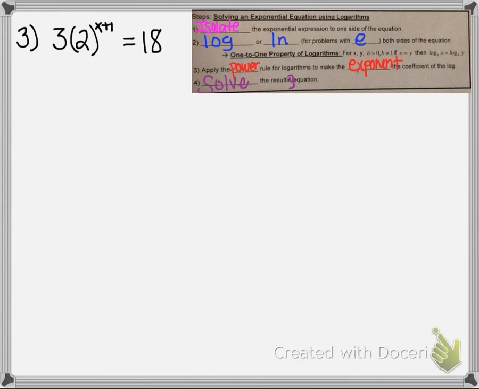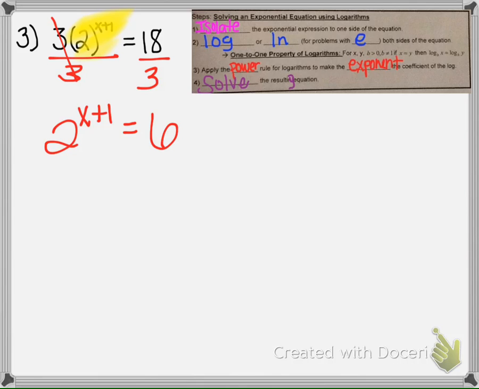Okay, so if we take a look at example 3, again, our goal is to get this by itself. So we're going to go ahead and start with dividing by 3. Then step 2, we're going to go ahead and log both sides.